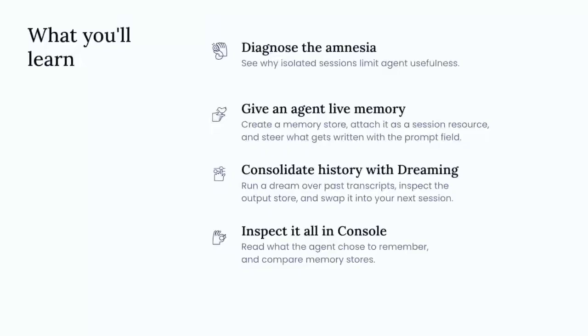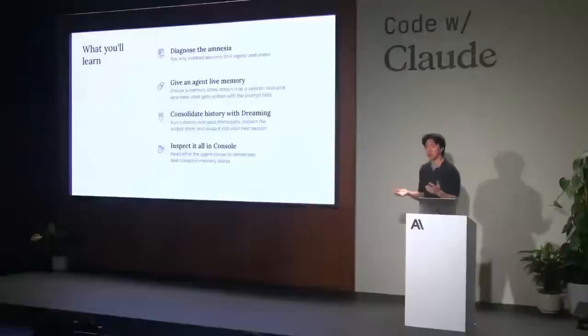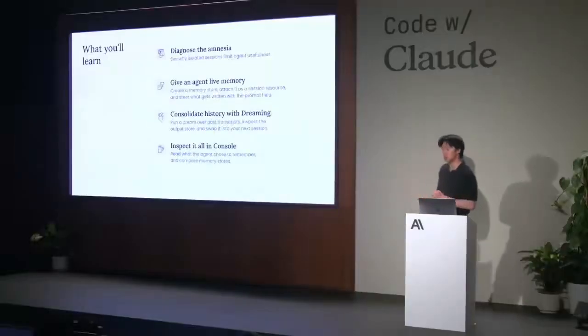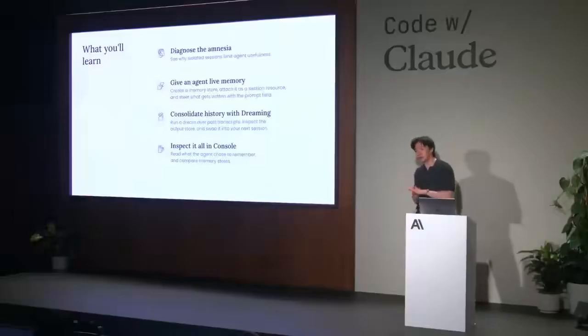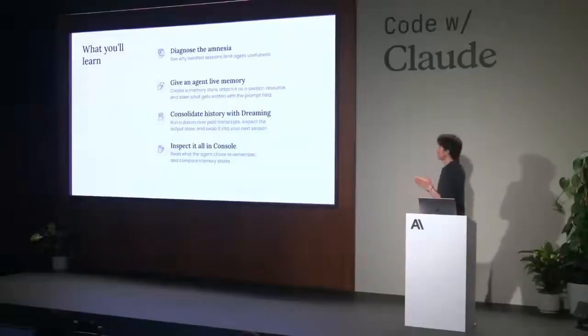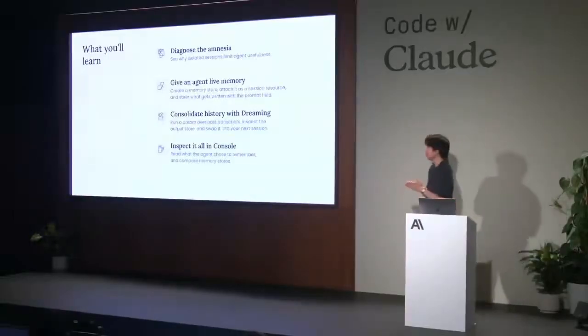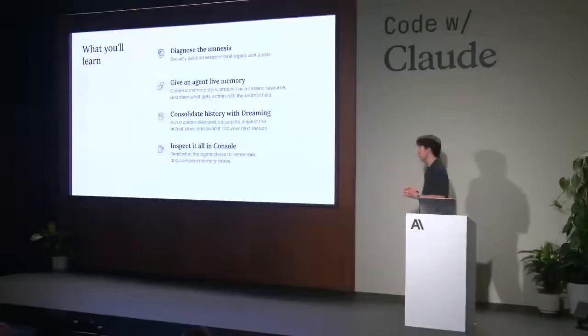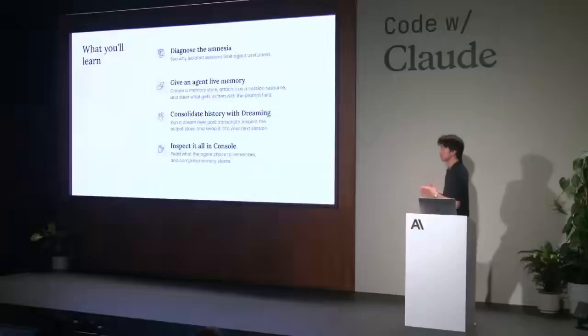We'll look at how we can solve this problem with our new agent memory stores feature that we've launched. This will give agents access to a live memory store that they can read and write to over multiple sessions. And then we'll look at how we can improve these memory stores over time using a new feature that we call dreaming. And then finally, we'll get to see how all of this ties together with both our CLI and also our awesome console interface.